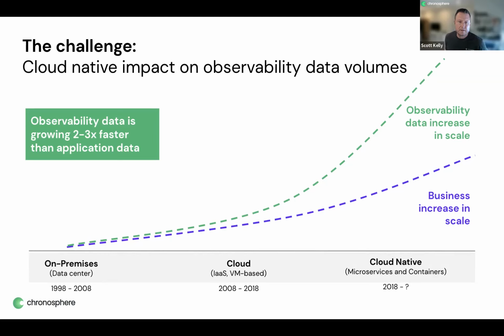I've worked at a few of these vendors, so I know that costs are always trying to be controlled. But when we hit the world of microservices and containers, it really started to decouple, and you can see that here. Now it's growing faster than the business actually is.